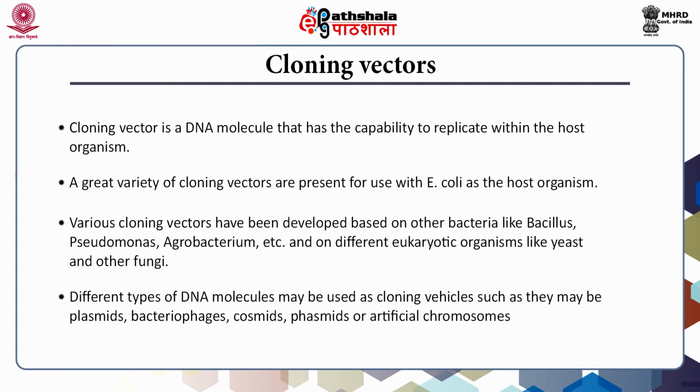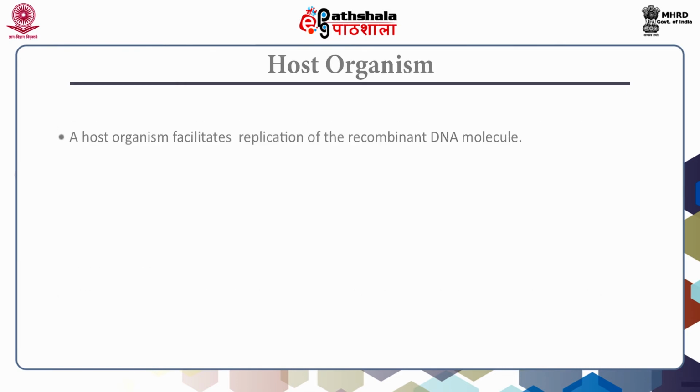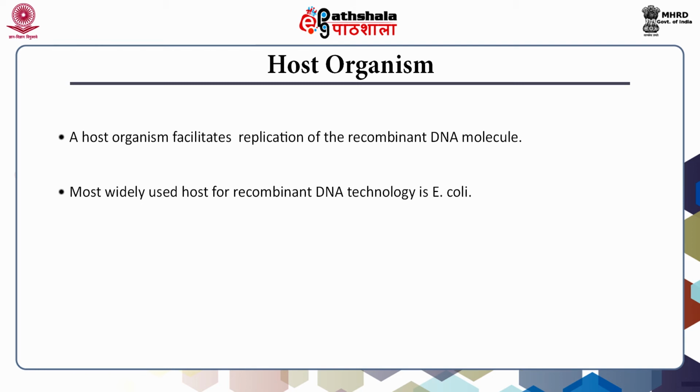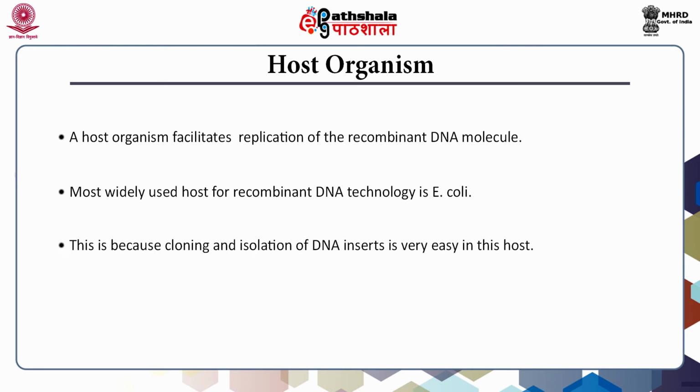Plasmids are circular double-stranded DNA molecules found mostly inside E. coli. Plasmids are also commercially available. A host organism is important because it facilitates the replication of the recombinant DNA molecule. The most widely used host for recombinant DNA technology is E. coli, because cloning and isolation of DNA inserts is very easy in this host.